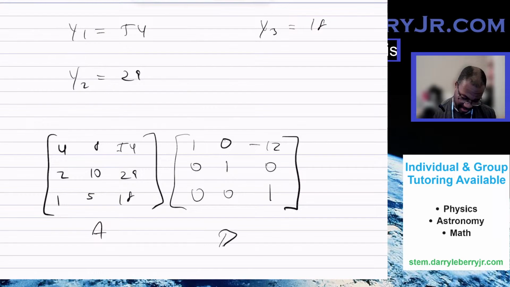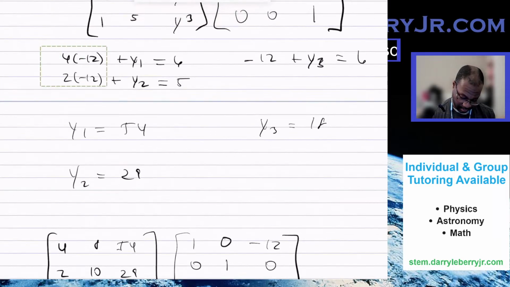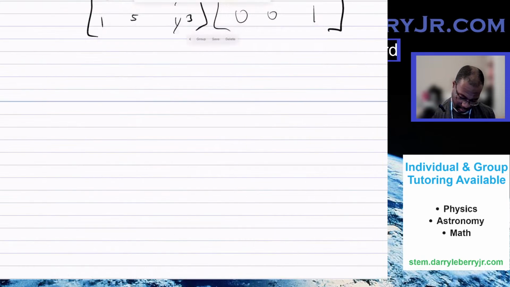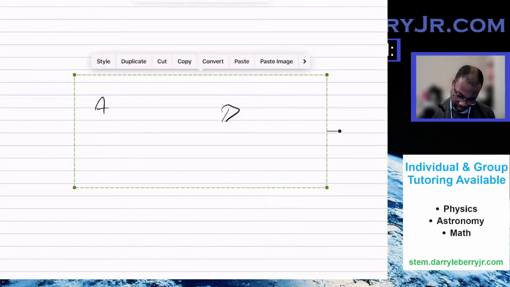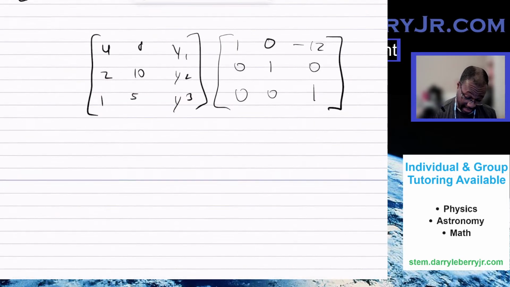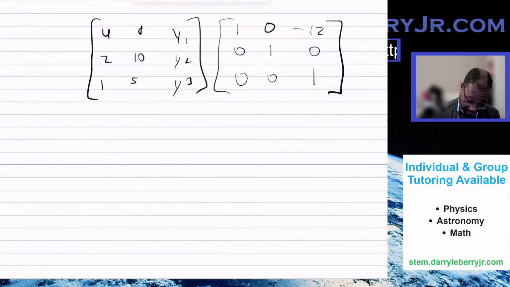So maybe I should do the full row operation, and I'm just mixing up my matrix multiplication here. So I'll do that, and I'll just do it the dot product way so I can go through it quickly.